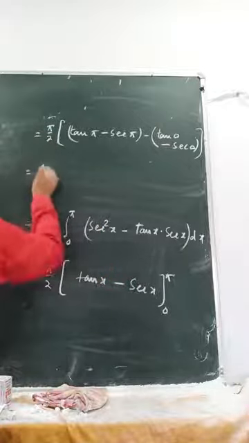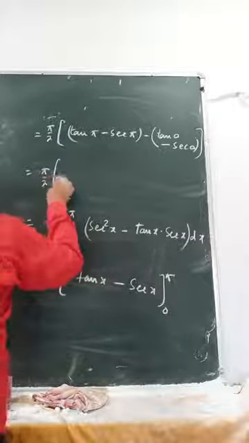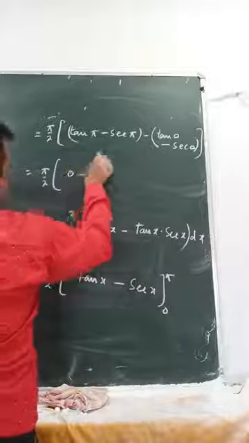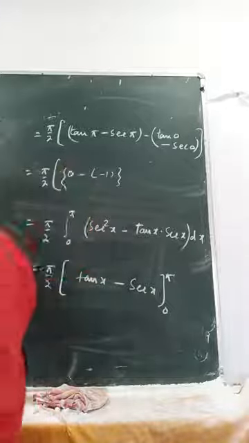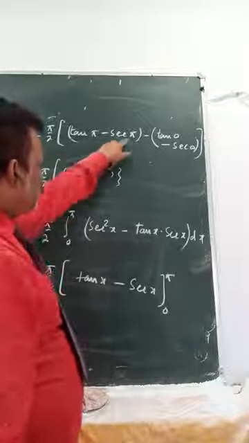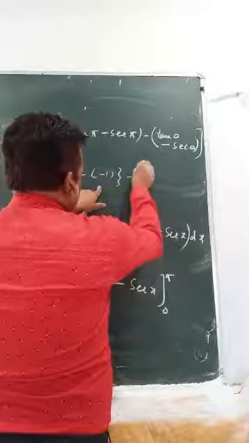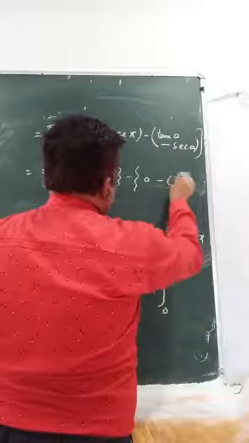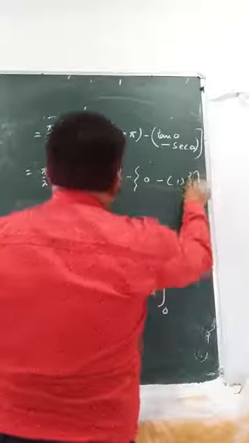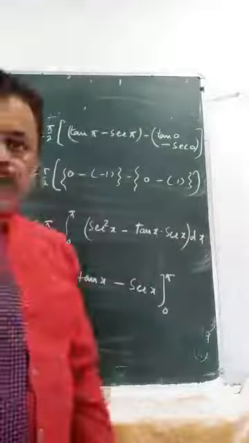Equals pi by 2, tan pi is 0, sec pi is minus 1. Tan 0 is 0, sec 0 is 1.